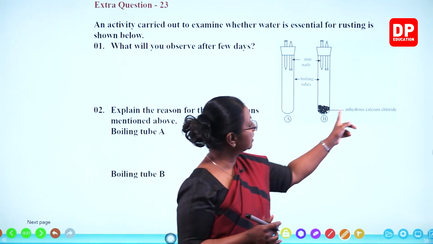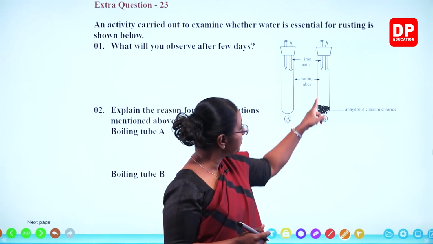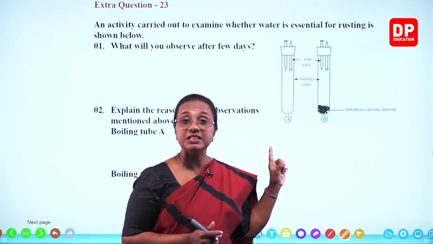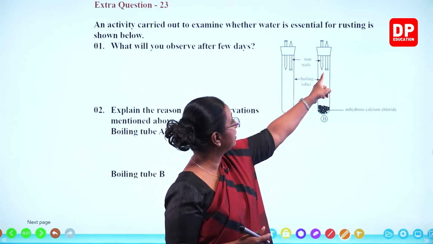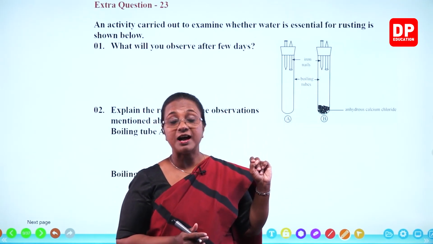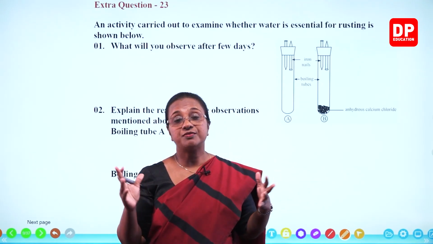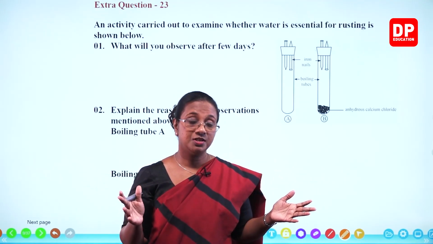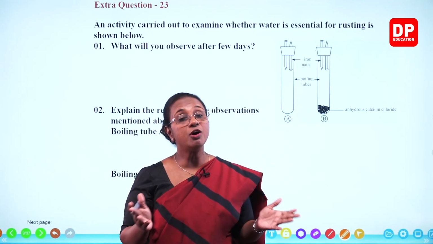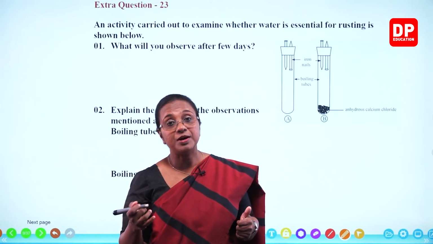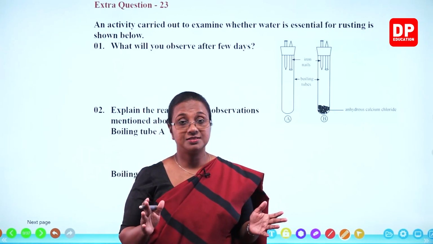Why? Because of calcium chloride, that is anhydrous calcium chloride, absorbed the water vapor from within the boiling tube B. So there was no water vapor for the rusting of iron nail inside the boiling tube B. So because of that, it did not rust. So we can conclude and say that water is essential for rusting. Water vapor or moisture. Water is essential for rusting.